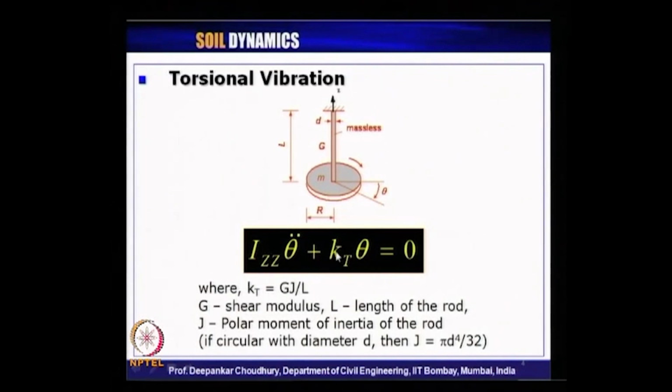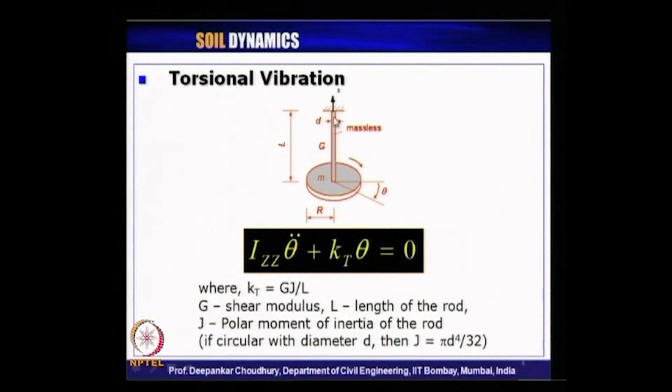And how to compute the value of k t, that is the torsional spring constant? The expression is G J by L, where G is the shear modulus, L is the length of the rod, and J is the polar moment of inertia of the rod.